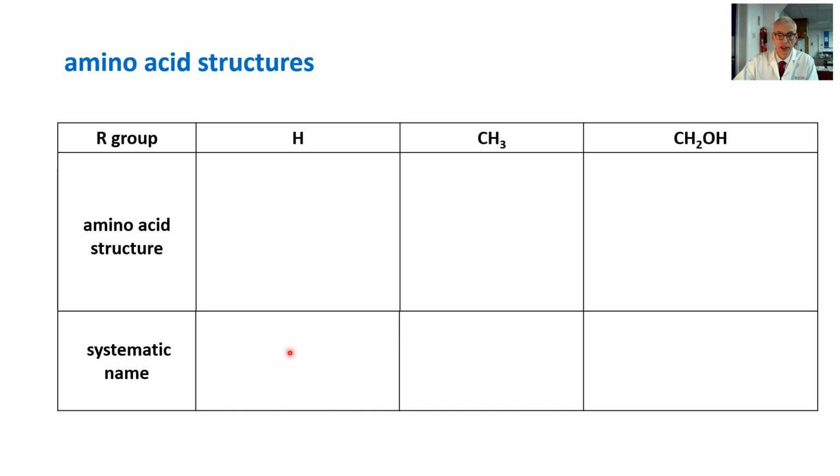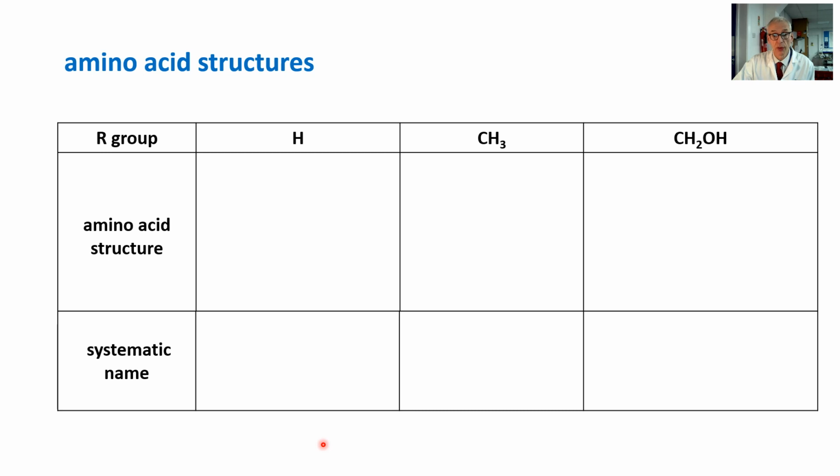Pause the lesson, attempt structure number 1 and its systematic name. If you need help, you can move forward through the models that I provide. Come back when you have thought it through and had a go.